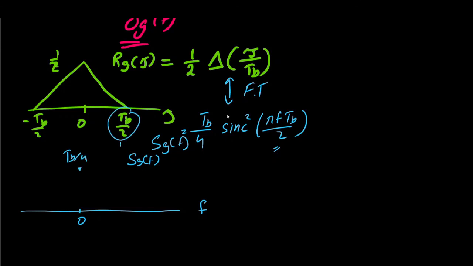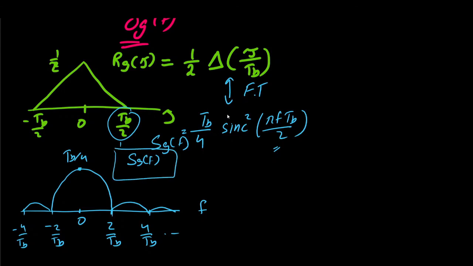So this would relate to 2 by TB, 4 by TB, and so on. We have minus 2 by TB and minus 4 by TB and so on. So the sinc square function would have this shape. This is basically the plot of our power spectral density.